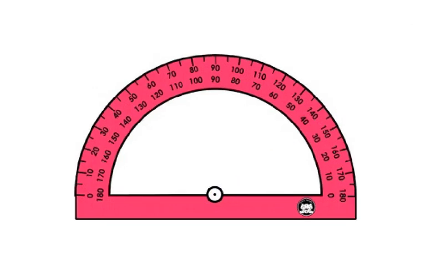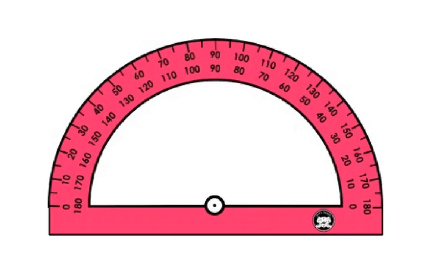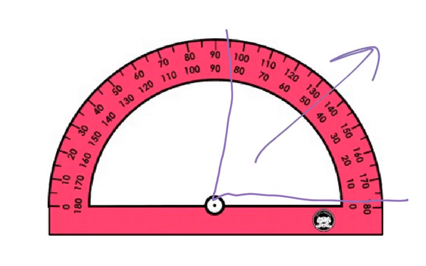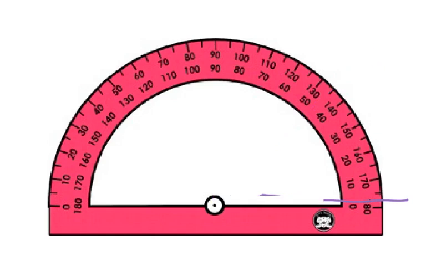Now, sometimes your angles are not always facing the right, meaning when they're laid out on a paper and you're using a true protractor, they don't always open up this way. Sometimes you will see an angle and it will be opening up the other way. So you may see an angle that looks like this.